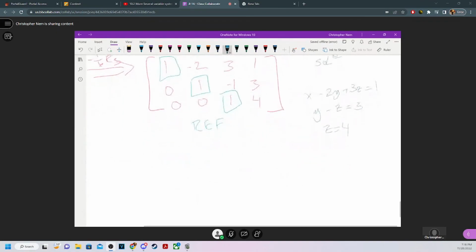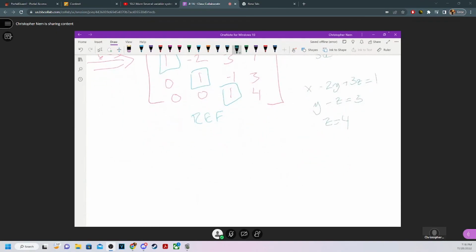And if I wanted to simplify all this, z equals 4. y is equal to, if z is 4, that means I add 4 to both sides, so y is equal to 7.